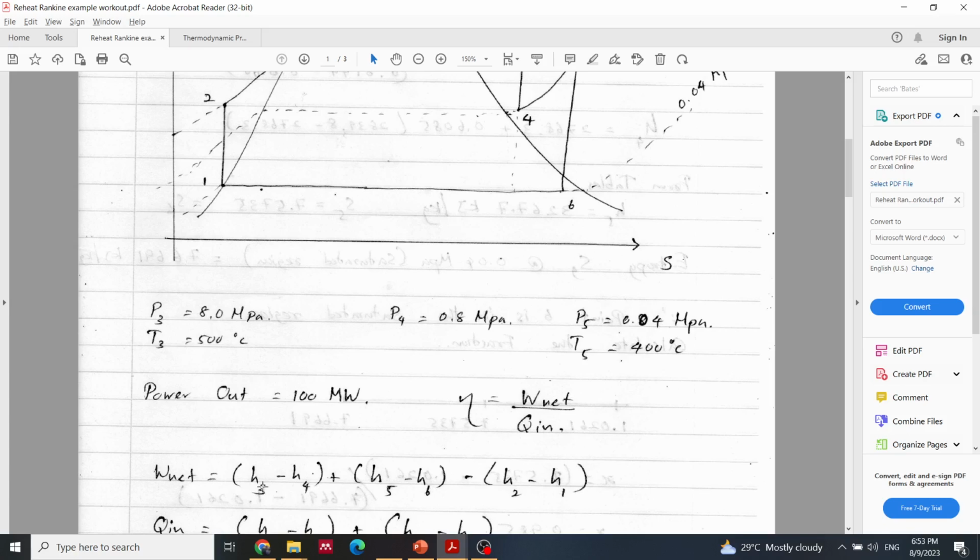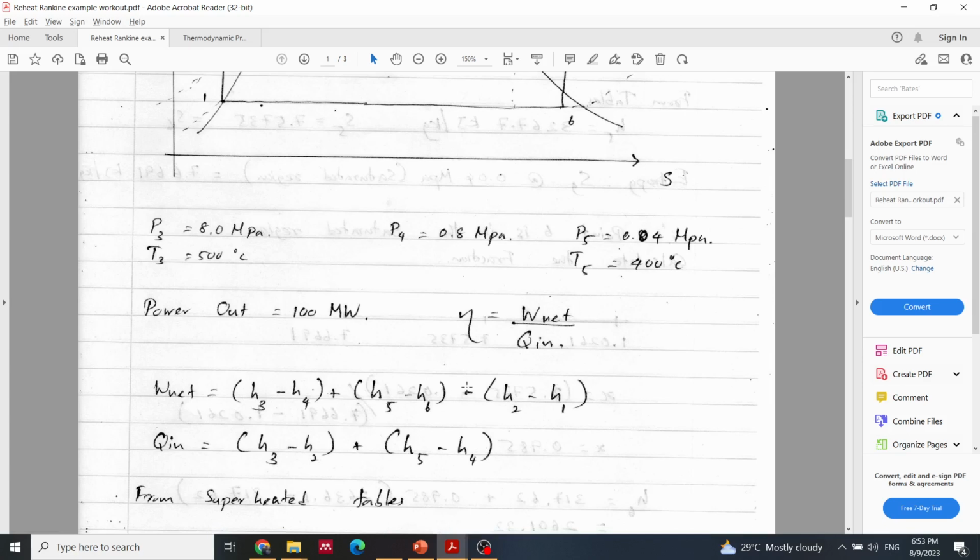So high pressure turbine work, low pressure turbine work, and minus the pump work in. So this is the W net, and the next thing we need is Q in.